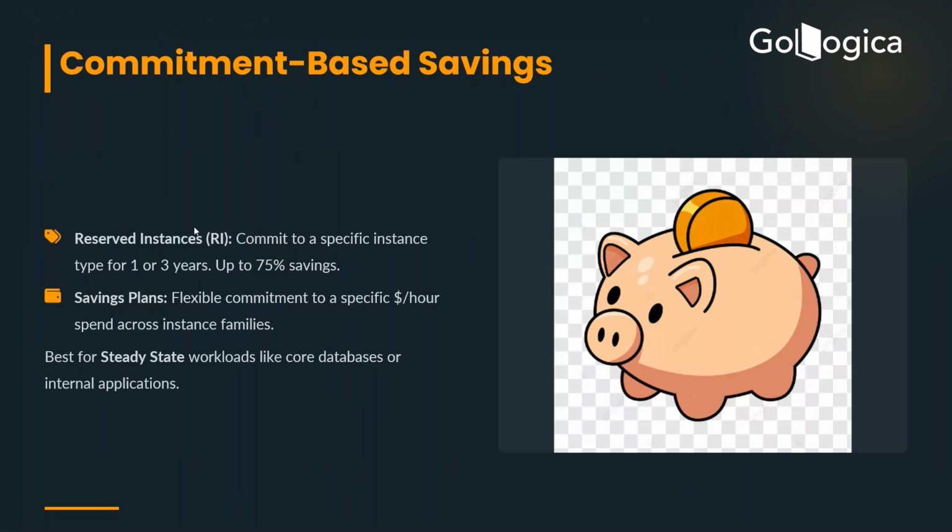And then you have a Savings Plan. That is again flexible. It is a commitment to a specific dollar amount per hour spent across instance families. So in a Savings Plan you don't have to stick to any specific instance type.